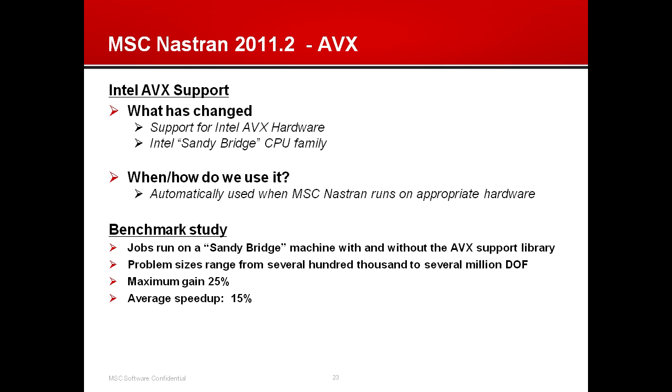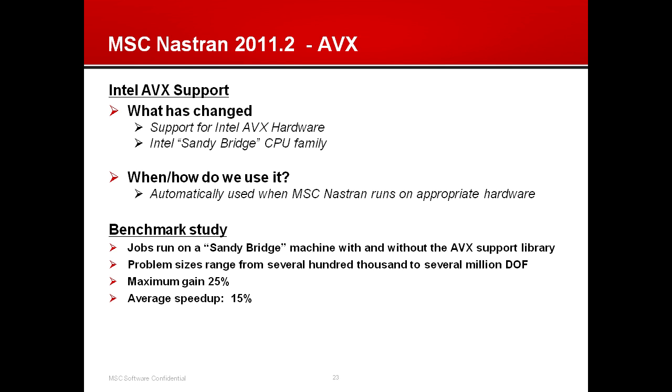Another area of better utilization of the hardware is that we're always working with our partners, and this was one particular update we did in conjunction with Intel. It's basically to use the AVX capabilities on the Sandy Bridge family of hardware.